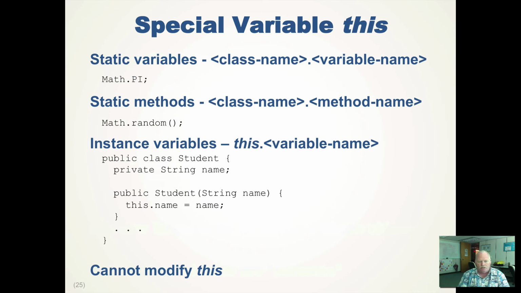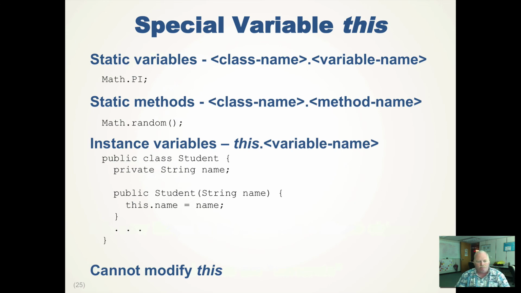So we use the keyword this, which refers to this instance's member variable: this.name equals the parameter name. Now you can't modify this, so you can't say this equals something, but this will always refer to this instance.